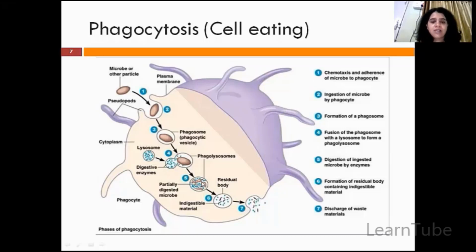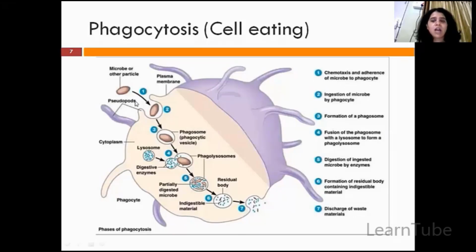The bacteria become partially digested microbes. So this is your phagolysosome. Both of these are phagolysosomes; this is the initial stage, this is the later stage. And last is the residual body. Whatever indigestible material is present after digestion will be removed. That is the discharge of the waste material.